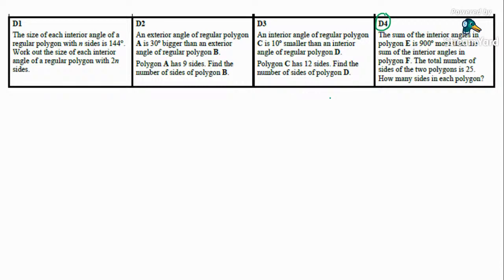Okay, so I will write down, how do we actually denote this? The sum of interior angles in E is 900 more than, so that will be 900 plus the sum of interior angles of F. I hope everyone agrees with this.